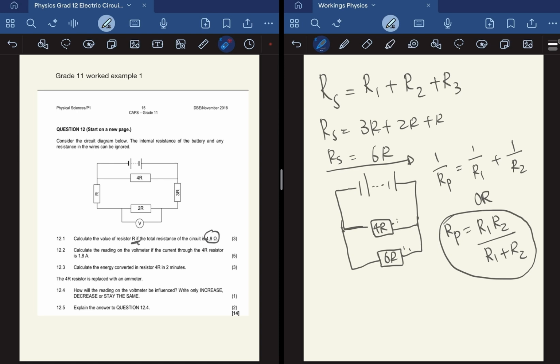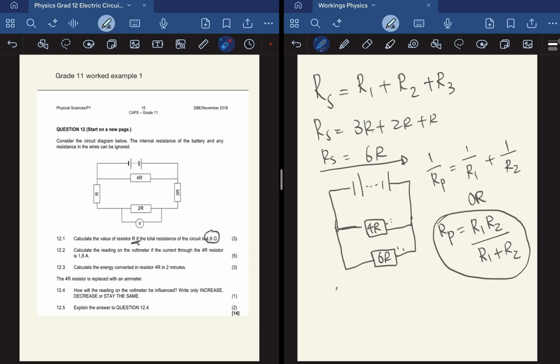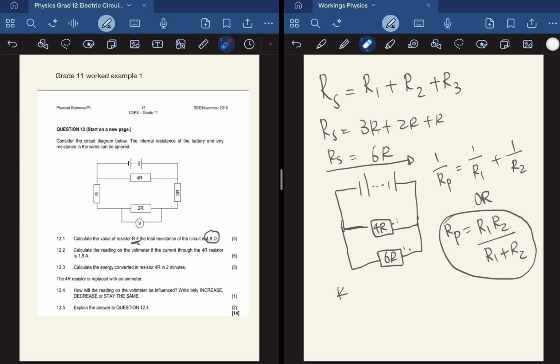And what you do from now on, you are going to replace the Rp with 4.8. You have 4.8 ohms is equal to R1, we'll say it's 4R, times 6R over 4R plus 6R.